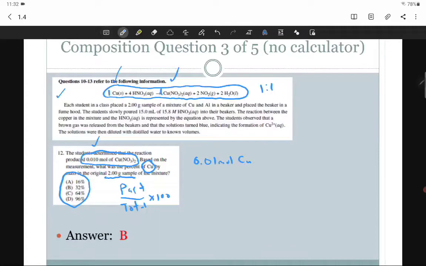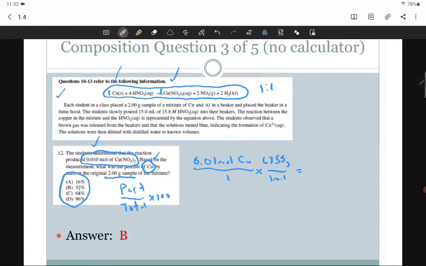And the part they're interested in is the copper. So we're going to have to figure out what grams of copper go on top. Well, we have the moles. And on the periodic table, on my periodic table, it says 63.55 grams are in 1 mole of copper.